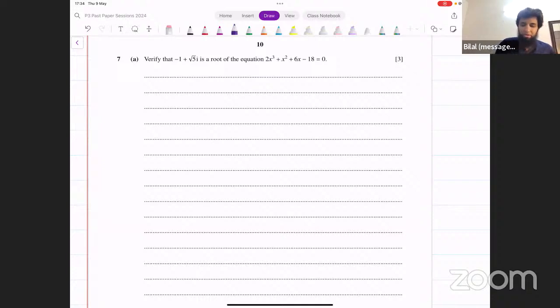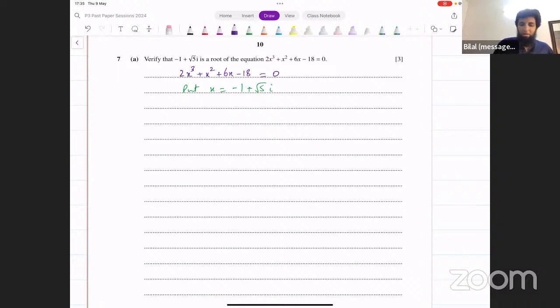This is the equation: 2x cubed plus x squared plus 6x minus 18 equals 0. What you have to do is input x equals minus 1 plus under root 5 iota in this equation and see what that gives you.